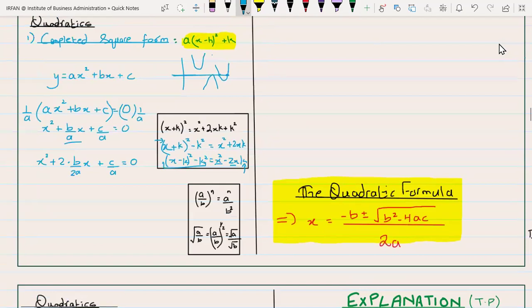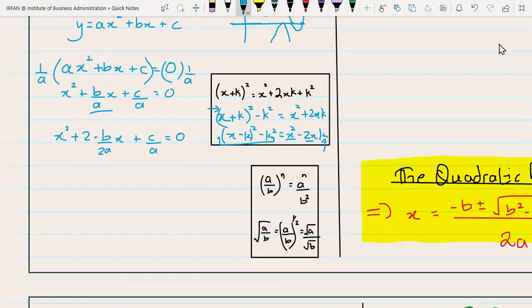So we can now simply close this equation into a completed square form like this: x plus b upon 2a whole squared minus b upon 2a whole squared plus c upon a is equal to 0.